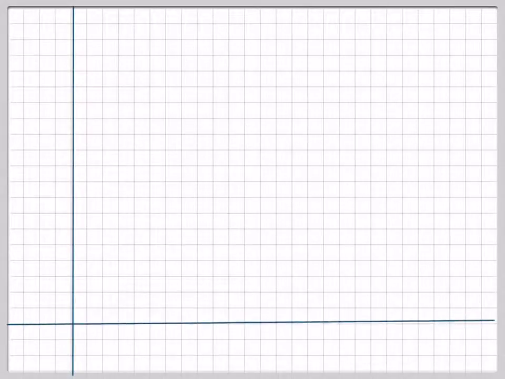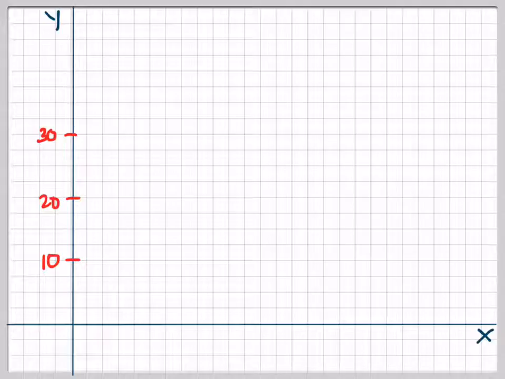Okay, so let me draw two axes here, and I want to fill up the space that I have, so I'm going to go by tens. I'm going to space this out and use 4 lines. That's going to be 10. Okay, so there's 10, 20, here's 30, 40. Let me see if I can squeeze this in. Just barely.